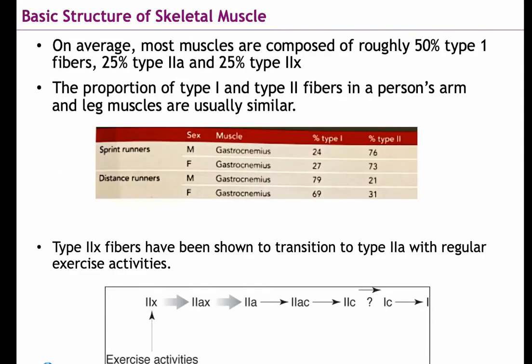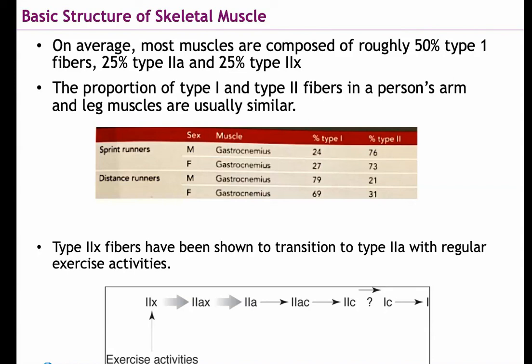What I didn't say earlier, which is also really fascinating, is this: let's say you were a really good athlete in high school and you saw this transition from an X to an A while you were really active. But since you got to college, maybe you've slowed down your activity a little bit. What happens is this type 2A fiber will actually transition back to a type 2X. You're thinking, oh wow, that's beneficial, right? I can produce a lot more force.